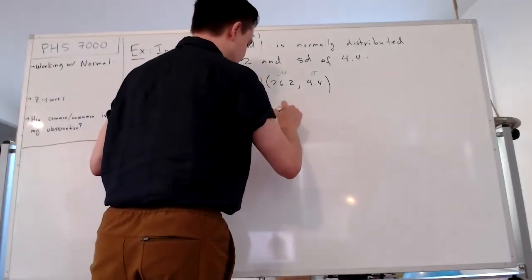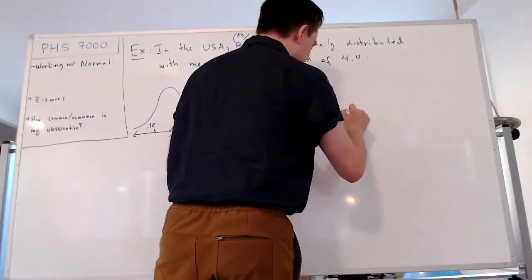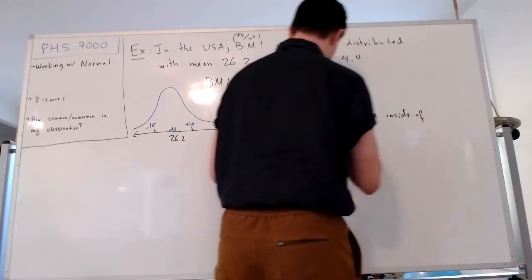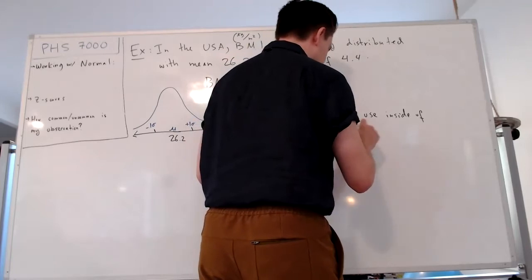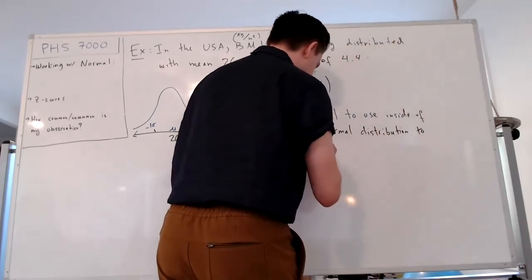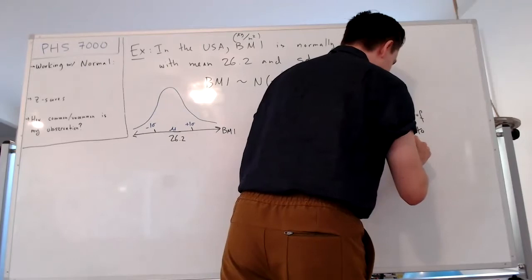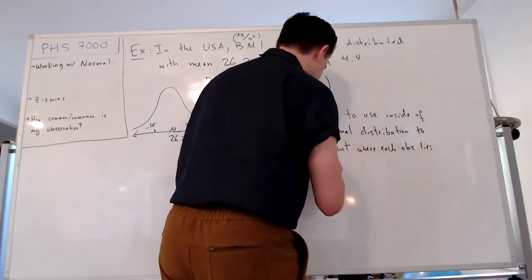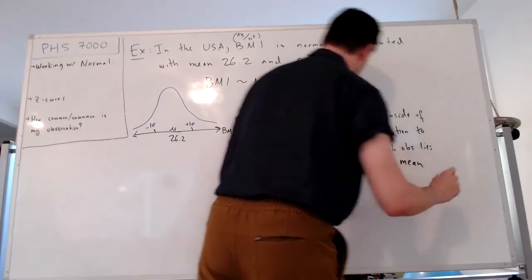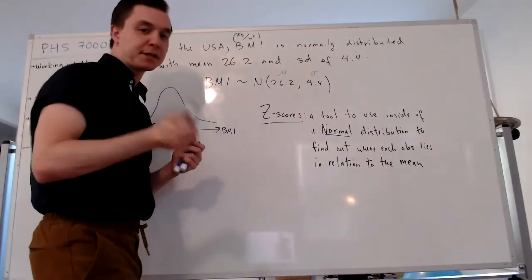Z-scores are a tool to use inside of a normal distribution to find out where each observation lies in relation to the mean.